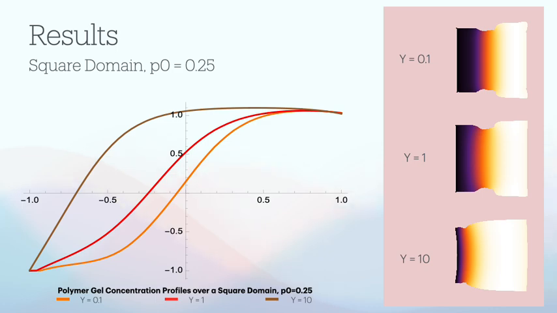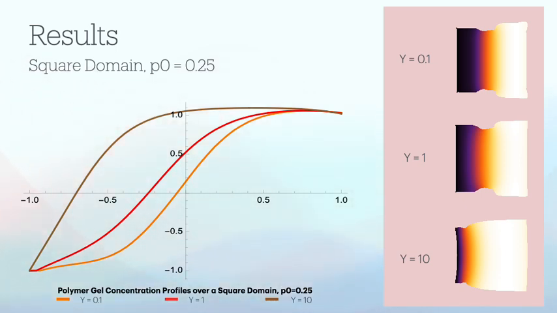When a swelling pressure is added, notice the changes in the domains as shown on the right. Here the swelling pressure is P0 equal to 0.25. Again, with the added pressure of the swelling conditions, the concentration profiles shown in the graph to the left are no longer symmetric, which is what would be expected.